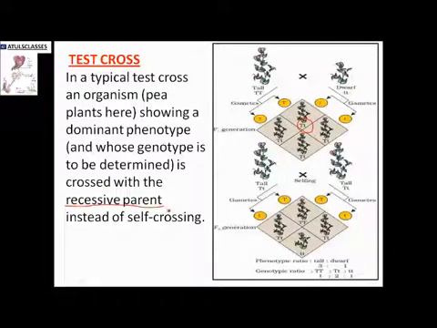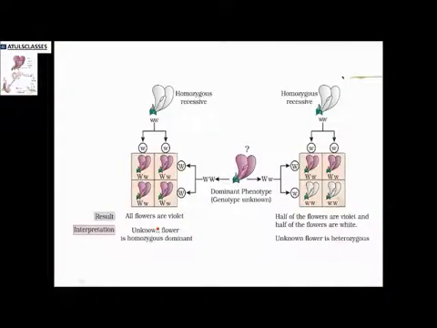Whatever plant we are taking, if we want to know whether the plant is heterozygous or homozygous dominant, then we should do a cross with the recessive parent. This is one example that shows how the cross is made.